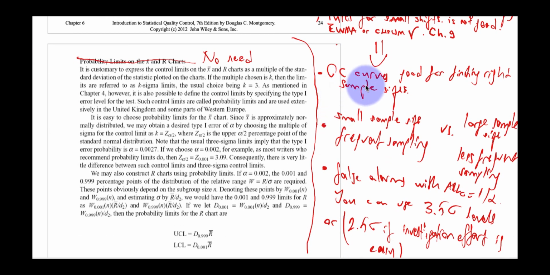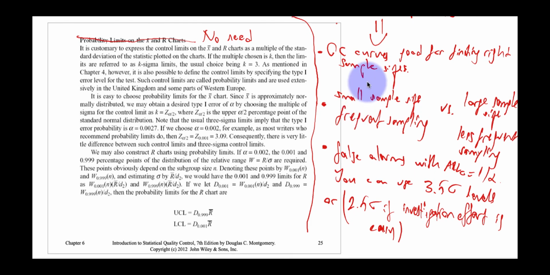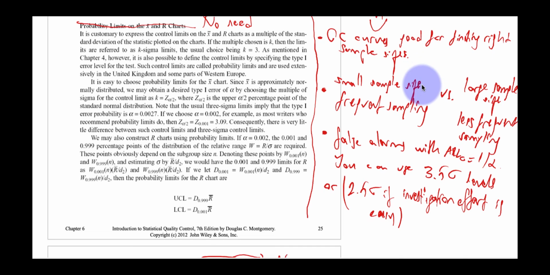So OC curves, operating characteristics curves, and we are going to talk about operating characteristics curves in this lecture too, but you are also going to remember these curves from the previous lecture. We can use operating characteristics curves for finding the right sample size for us.